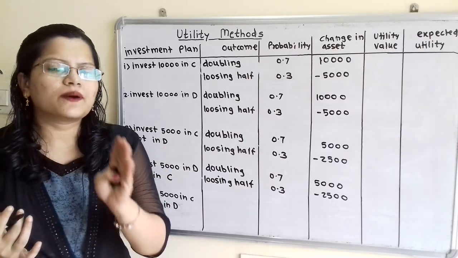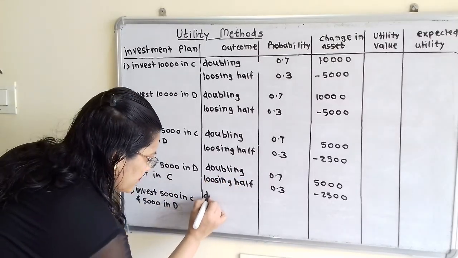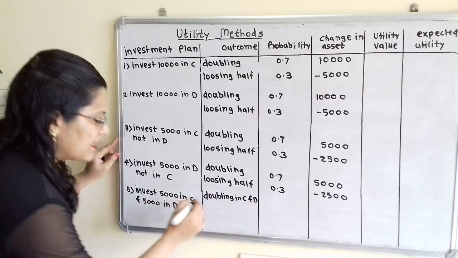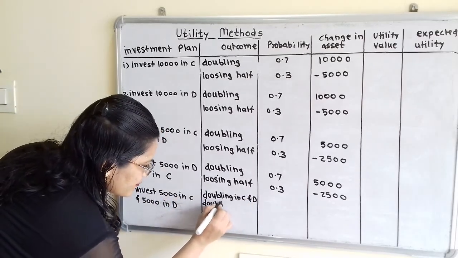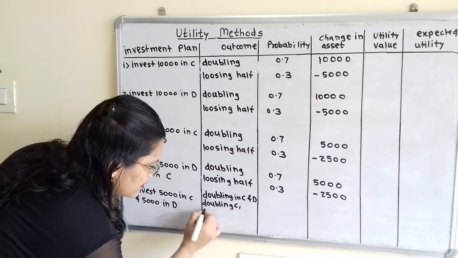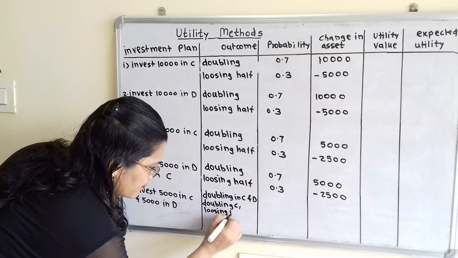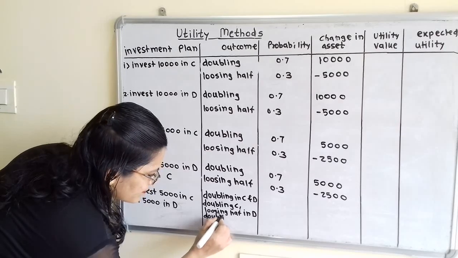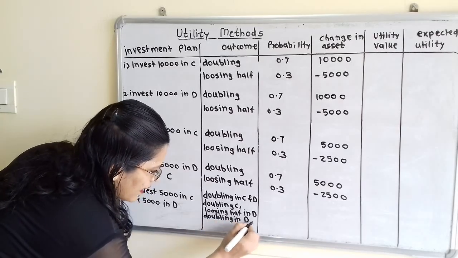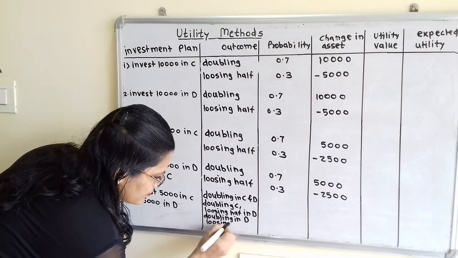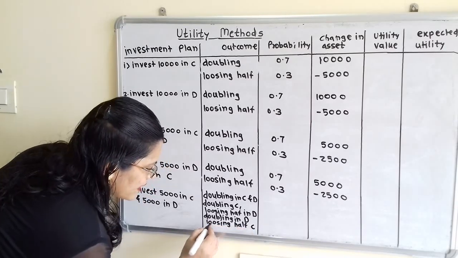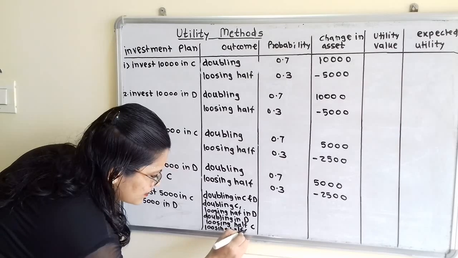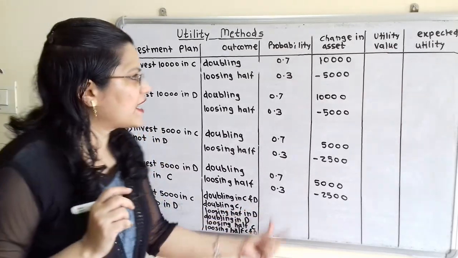The first possibility is doubling in companies C and D. Then doubling in C and losing half in D. In the same way, doubling in D and losing half in C, and then losing half in both C and D.